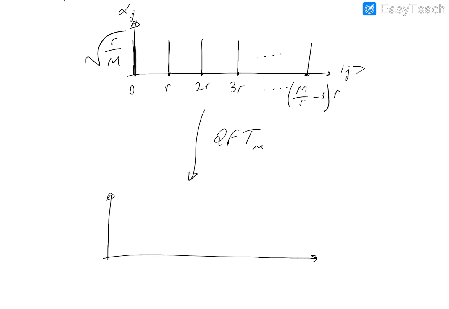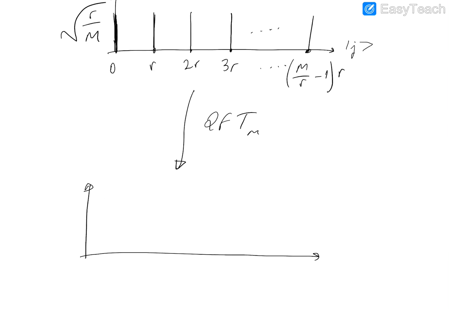Now we have non-zero amplitudes for multiples of m over r: 0, m over r, 2m over r, 3m over r, up to (r minus 1) m over r, each with amplitude 1 over square root r.